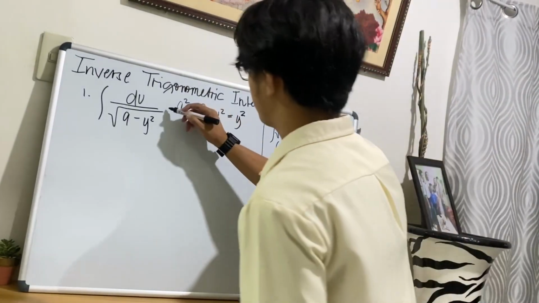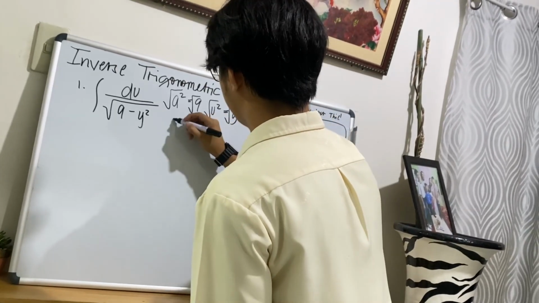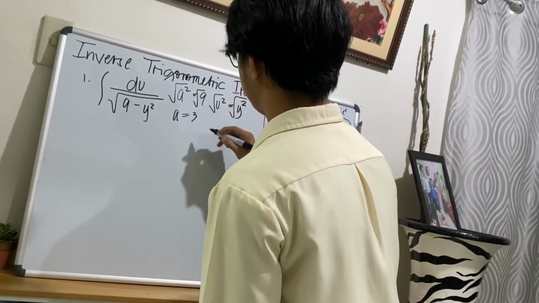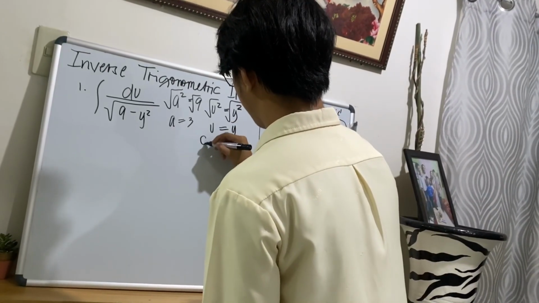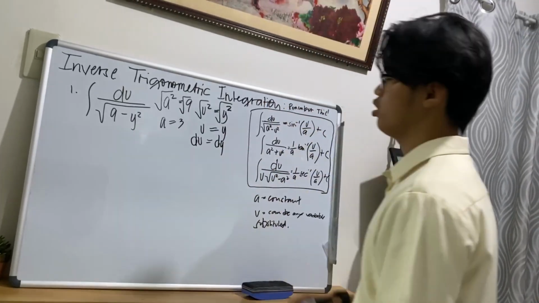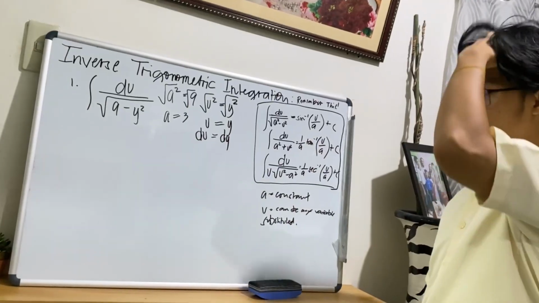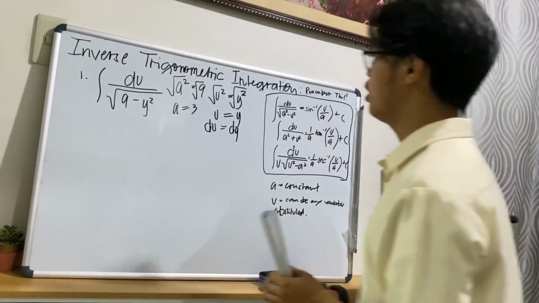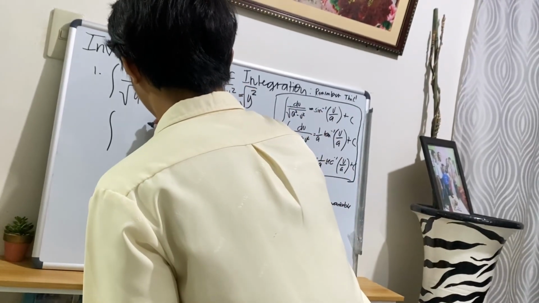So square rooting both sides, the square root of 9 is 3 and the square root of y squared is y. So deriving u, we will have dy. Now that we have our constant and variable, we can substitute the values so we can use this formula.